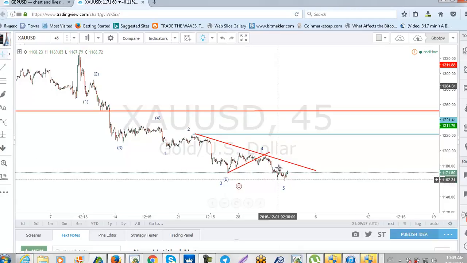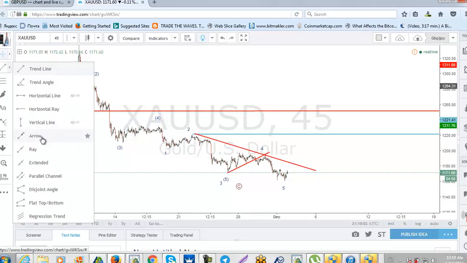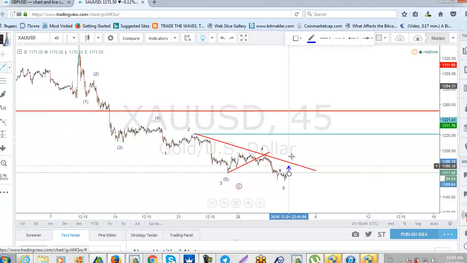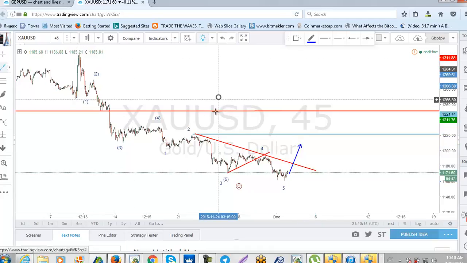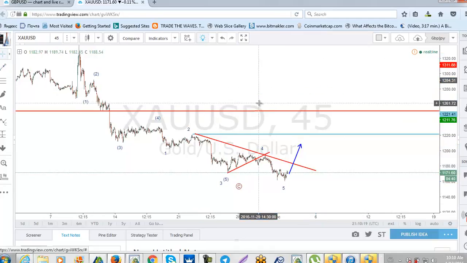So we'll be expecting price to break above here. Once I see a break above here, then I'll be looking forward to buying around the 4th wave here with stop loss around here. And the target is going to be around 61.8% of this entire move. Okay, so that is my intention for the gold.